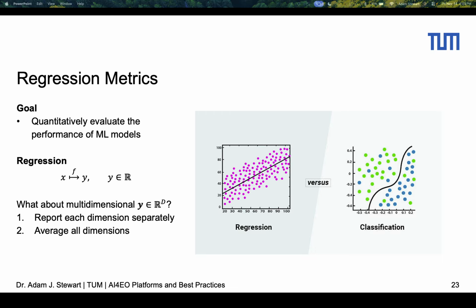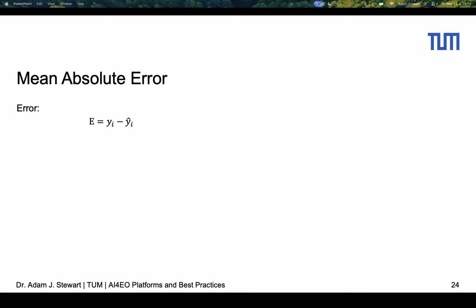So we could take the average across all dimensions. And then we could also do a weighted average. If some are more likely to vary than others, we might be more interested in the ones that are more likely to vary.